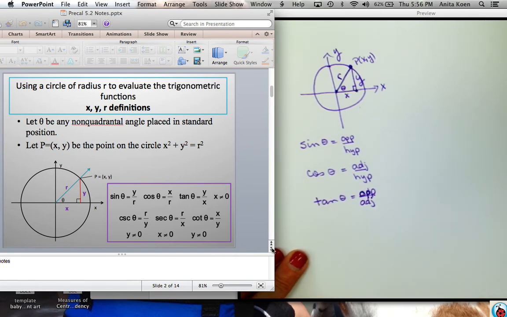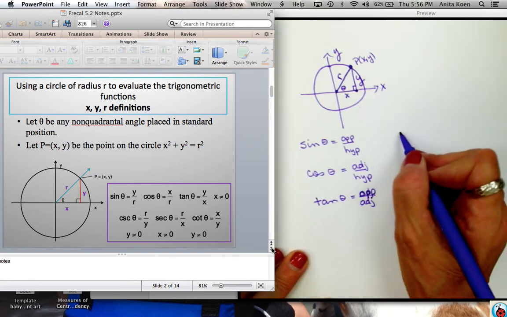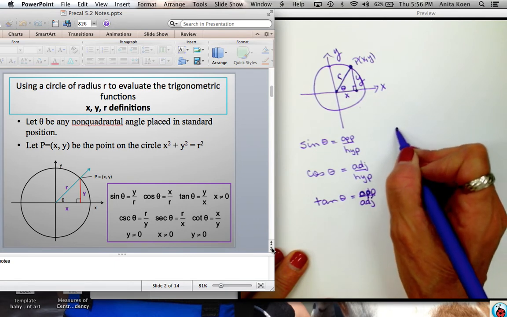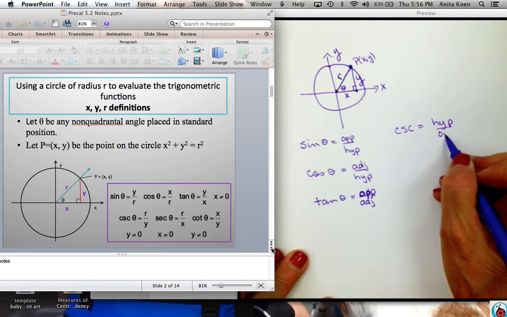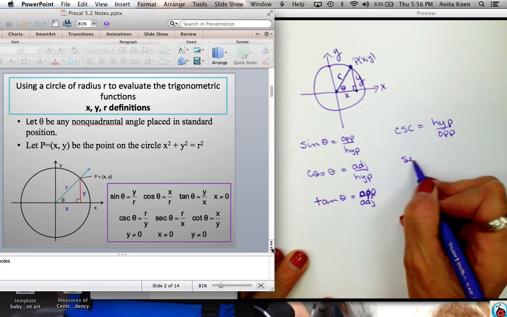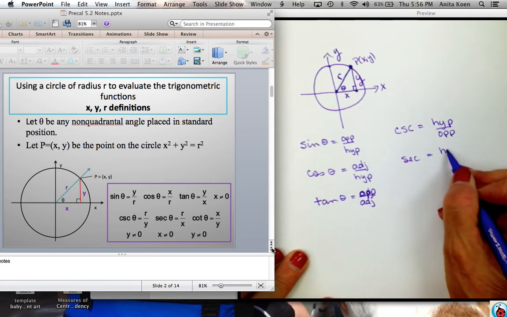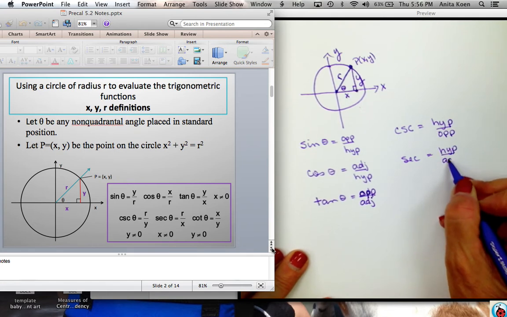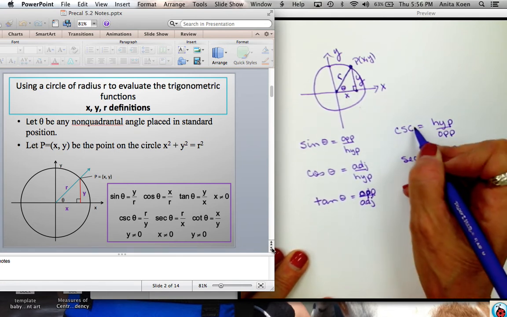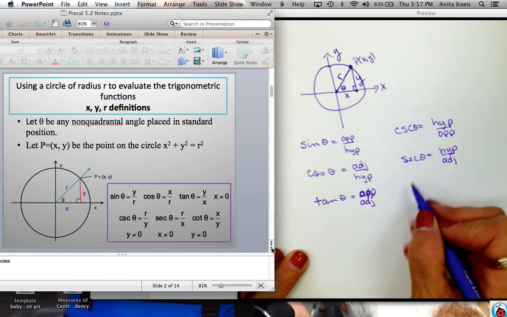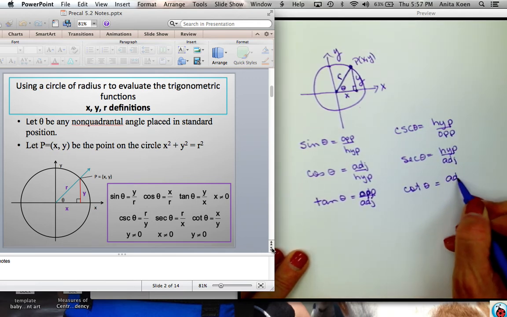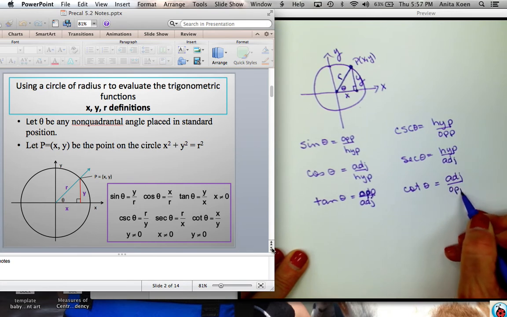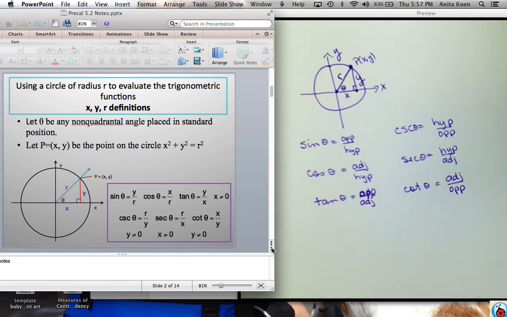And then we can just flip these over to get the other three. The cosecant is the hypotenuse over the opposite. The secant is the hypotenuse over the adjacent. And I need to put my thetas with these, sorry. And the cotangent is the adjacent over the opposite. Okay, so hopefully you remember all of that from our previous lessons.